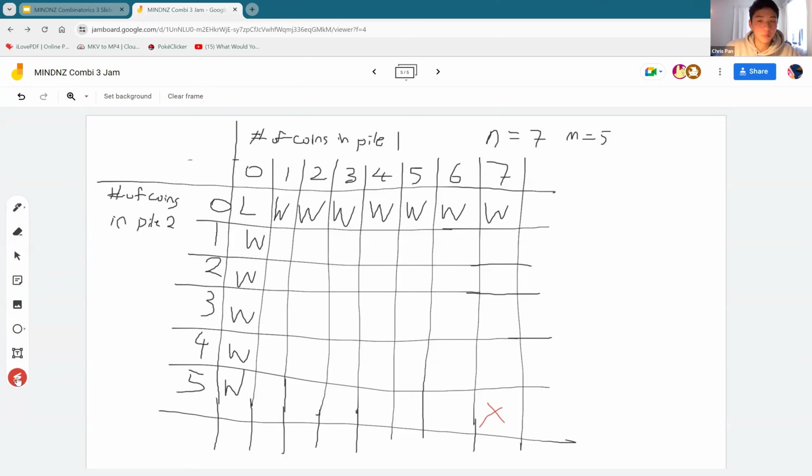Okay, I guess I'll just ask, what does the second row, what does this row here look like in terms of W's and L's?